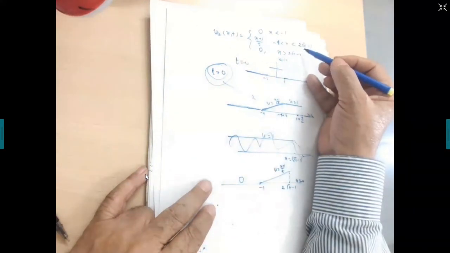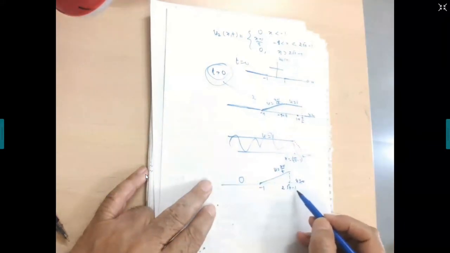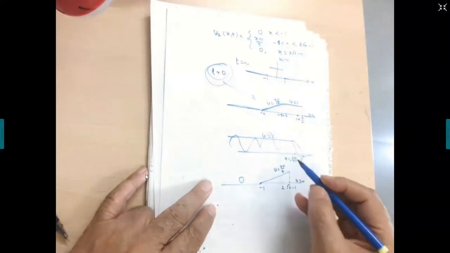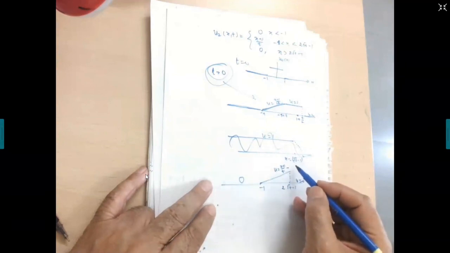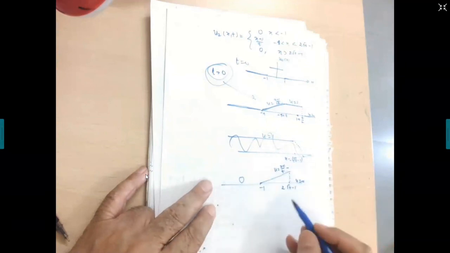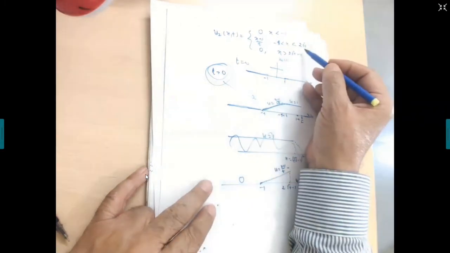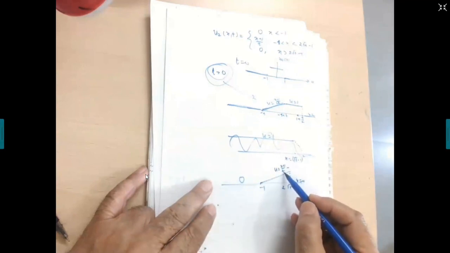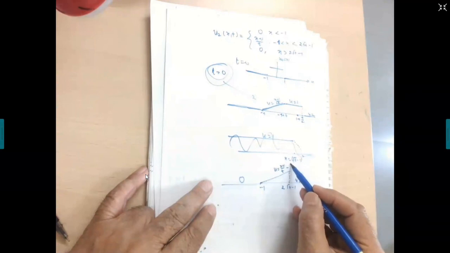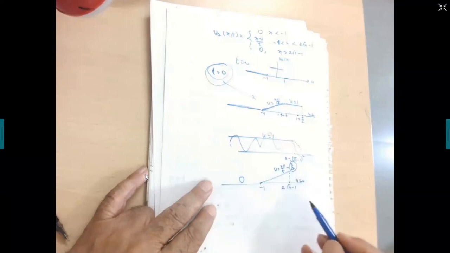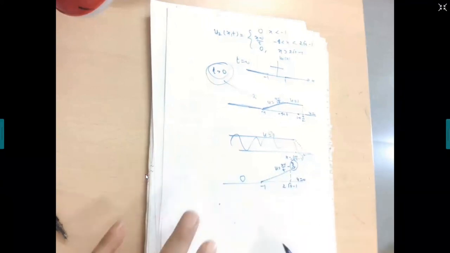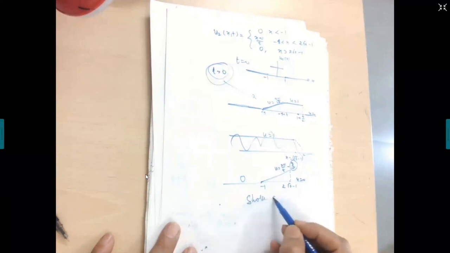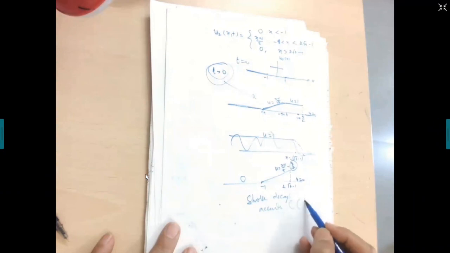As x approaches this value, x plus 1 is root t, divided by t, so it behaves like 1 by root t. So as t tends to infinity, it goes to 0. So you can see the shock decays according to the rule 1 by root t.